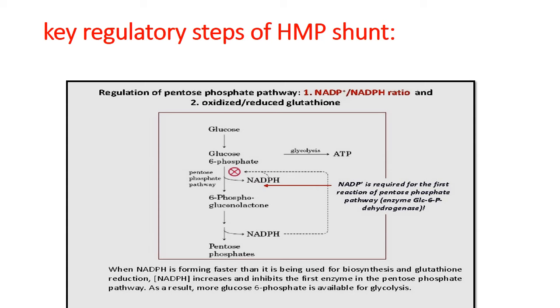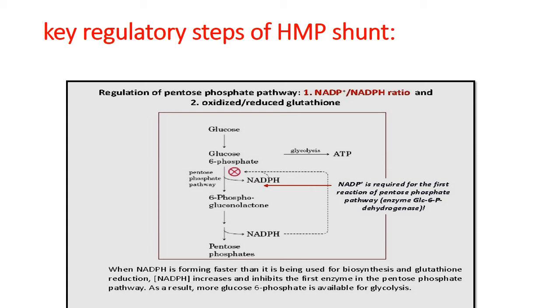When NADPH is forming faster, then it is being used for glutathione reduction, because we will see that this NADPH is the coenzyme for the enzyme glutathione reductase.